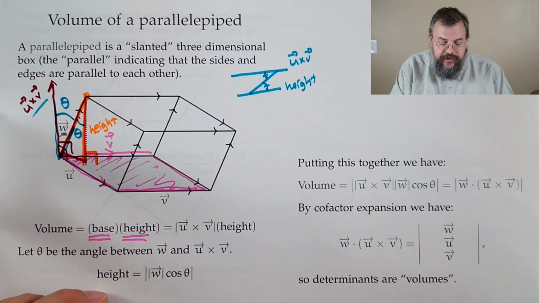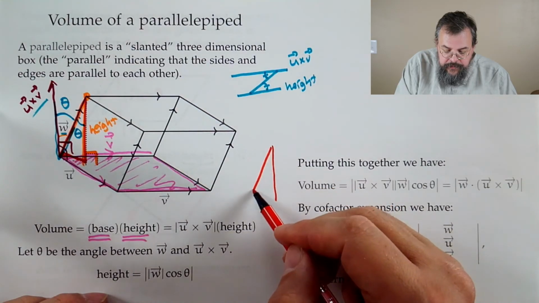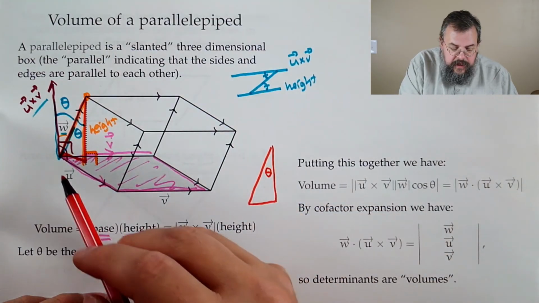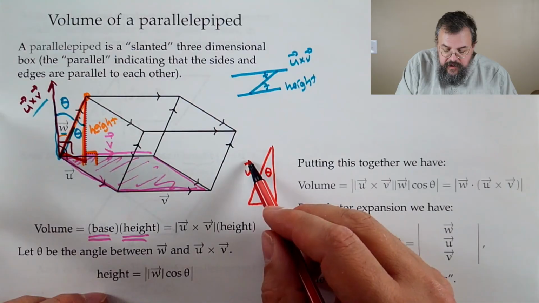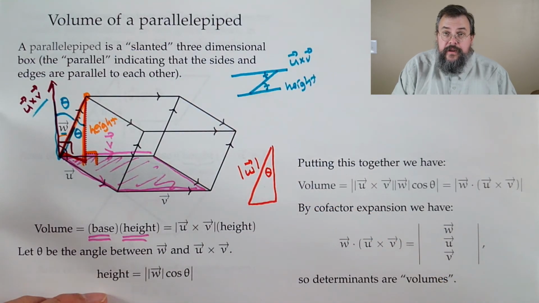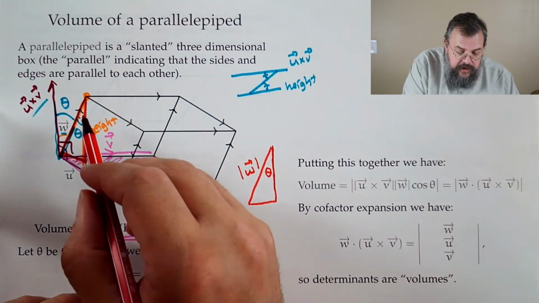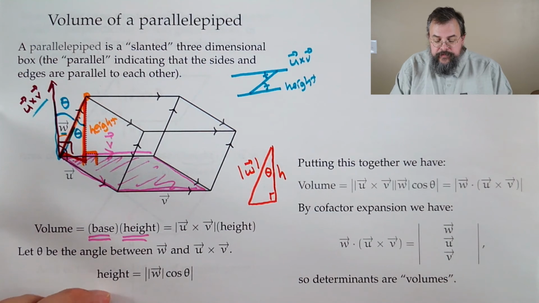So it's not the wrong triangle, it's a right triangle. And if we draw it here to the side, we have our angle theta in the corner. The hypotenuse is formed by W. So the length of the hypotenuse is the magnitude of W. And now this part right here is the height. So we have our height.